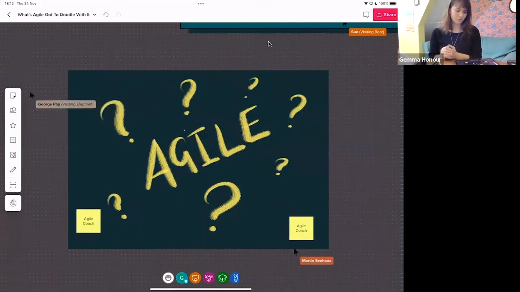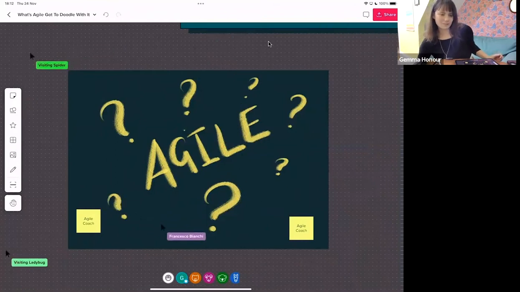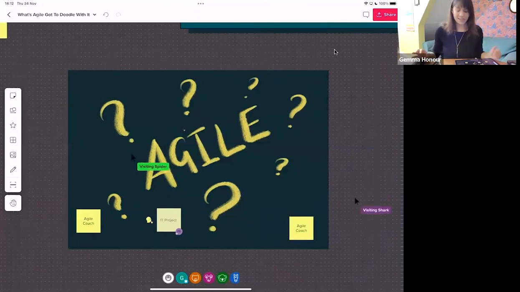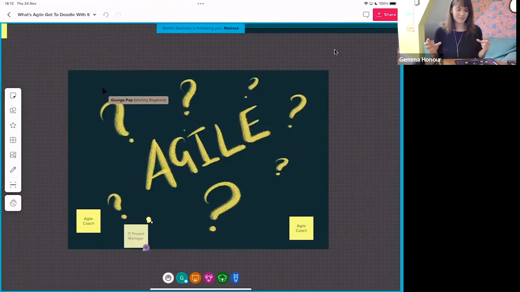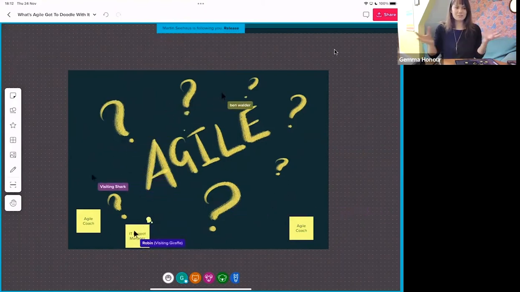The other thing that I'm really big on, as you can probably tell if you've seen anything that I've done on LinkedIn, and just by the very fact that I'm running this today, is that I love to doodle. And what I started to notice as I got into my doodling is that Agile and doodling seem to go together really well.